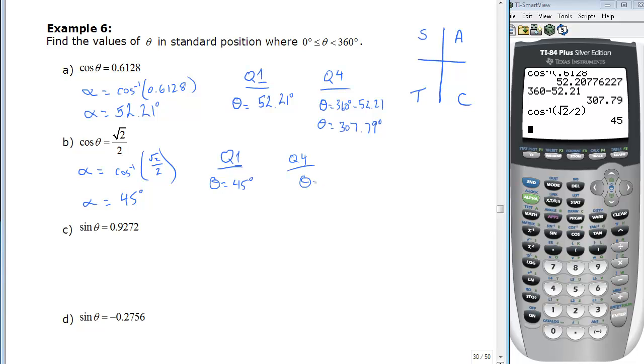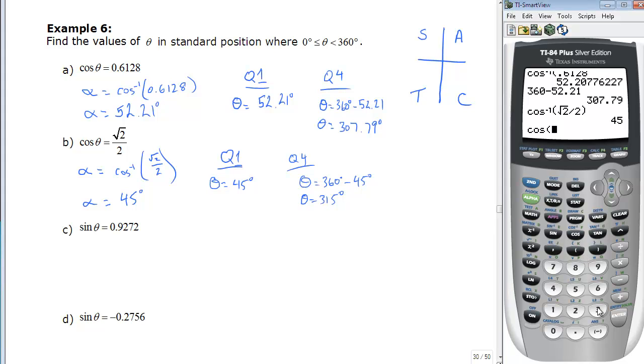In quadrant 4, theta is going to be 360 minus the reference angle, so minus 45, which is going to give us theta equal to 315. And if we just want to check on our calculator, cosine of 315, we get 0.7071, and that's the right answer because root 2 over 2 is approximately 0.71, and you notice it's actually the same to all digits there.